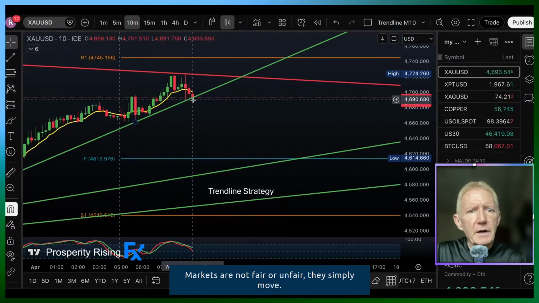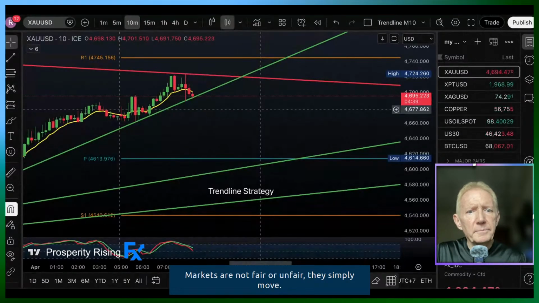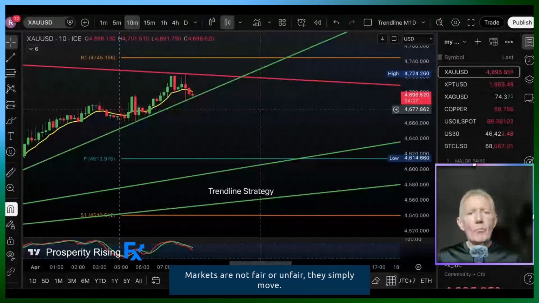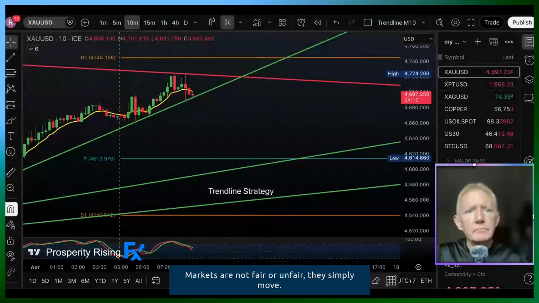Another bounce off of the trend line. Is it going to head back up or what? Yeah, it looks like it wants to bounce.